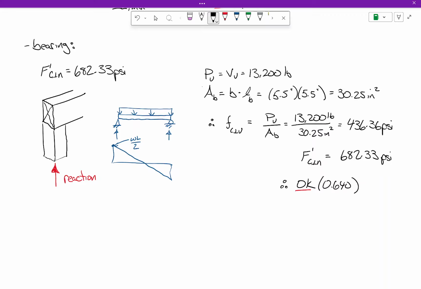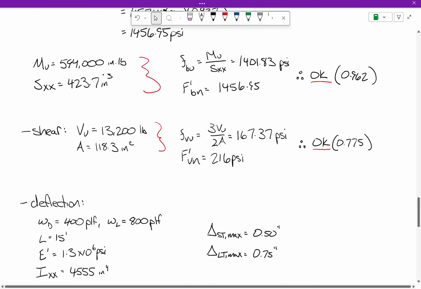So just to encapsulate the entire problem, what have we done? We have done our structural analysis, computed our adjusted design values with some assumed factors, determined required section properties, went through our shapes, found a trial shape, and then we evaluated that trial shape. And for that trial shape, we found that for every relevant limit state, it works.